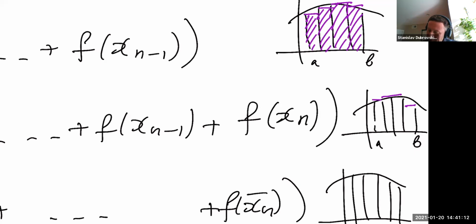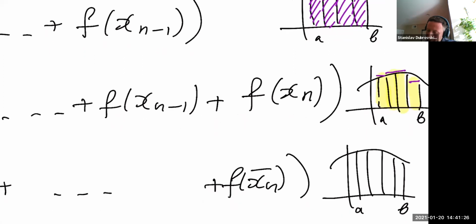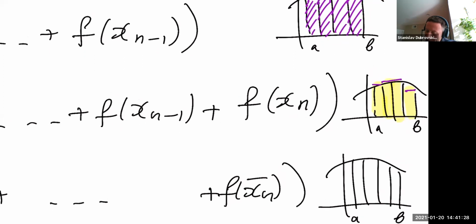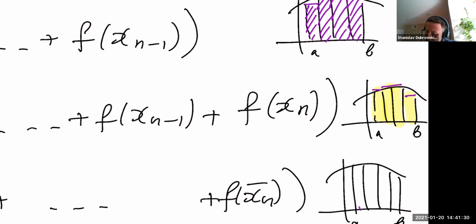Okay. So that's the right-hand rule. And what about the midpoint rule? Here we have to go in the middle. If this is a, this is b, I have to go in the middle of each interval. This is my x bar 1, x bar 2, x bar 3, and so on.